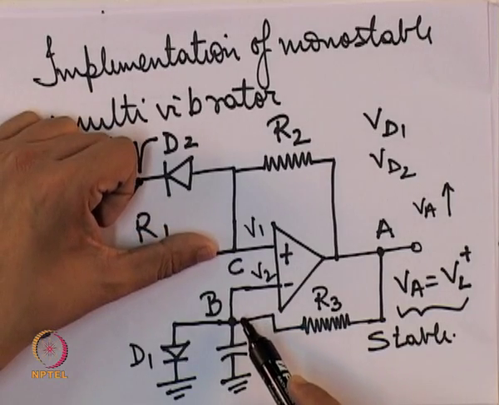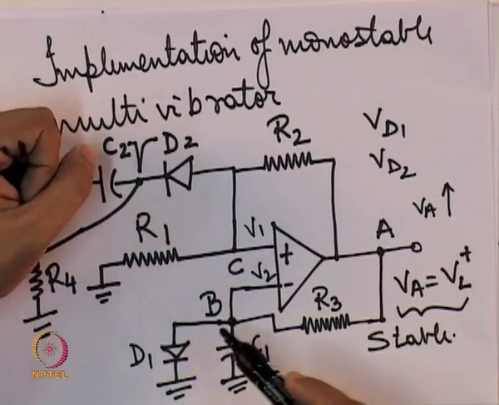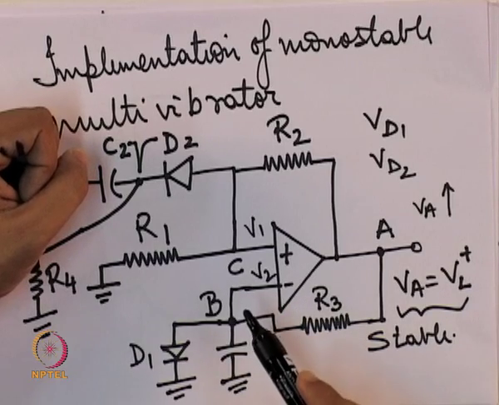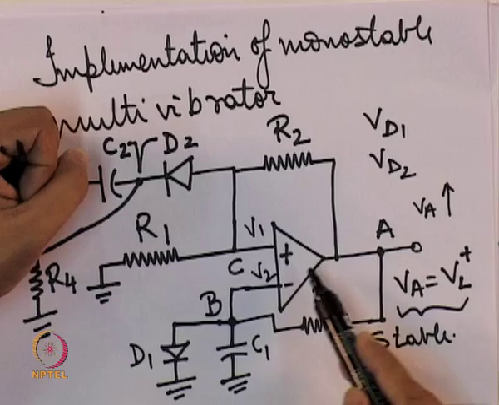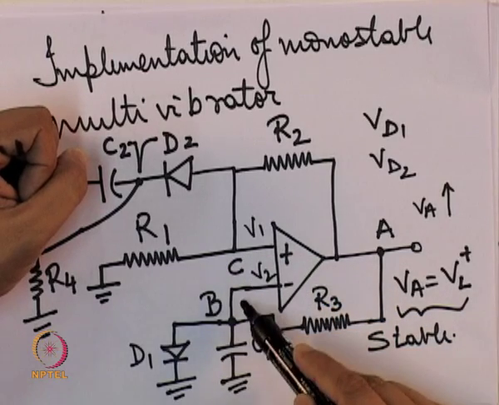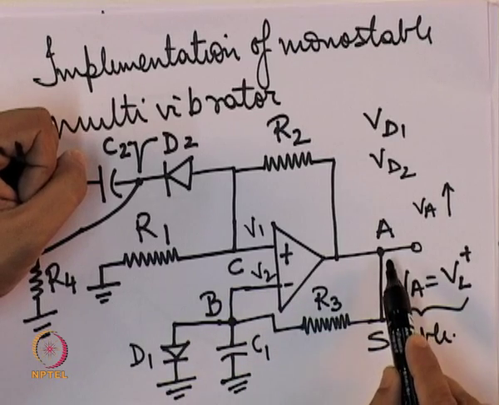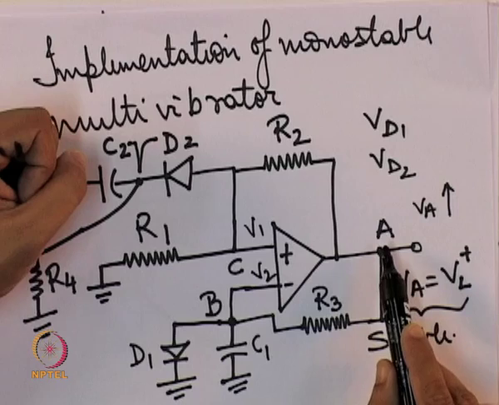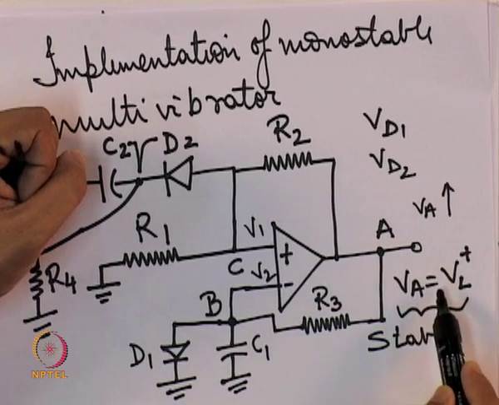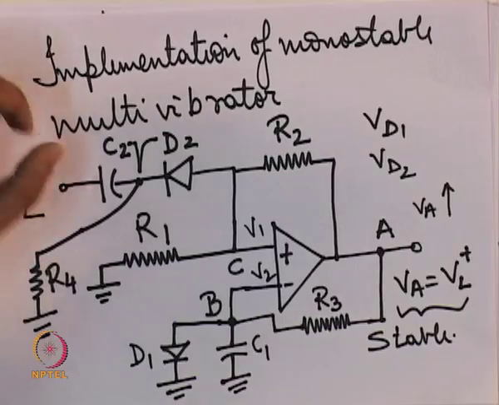So at the point where VB becomes more negative than VC, VC will again be at a higher value than VB, and again we will have a transition in VA from VL minus to VL plus.